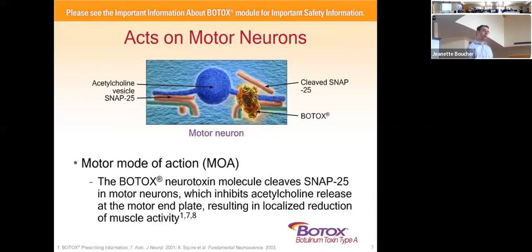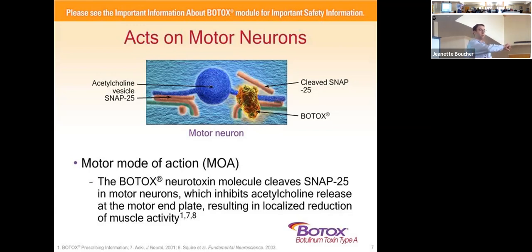And so what it does, I won't get too far into the weeds here as far as the mechanism, but essentially we have our nerve, and that's where electrical messages are being sent from the brain along our corticospinal tract. So the message is getting to the end of the nerve. On the other side, there's the end of the nerve, and then here's the muscle. In between, there's what we call the neuromuscular junction.